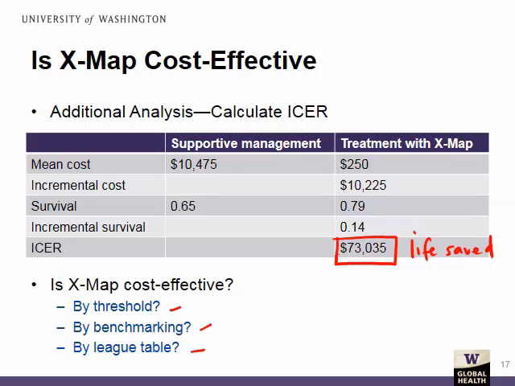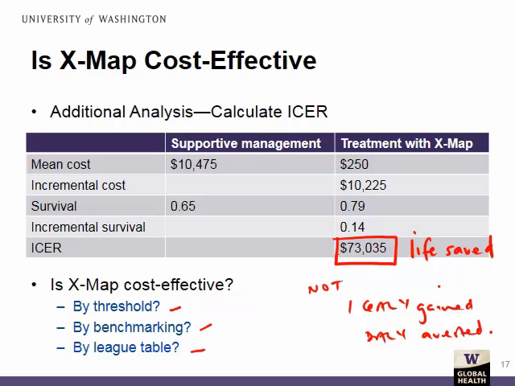If you have forgotten these, it wouldn't be a bad idea to review them. But the point I wanted to make is that this $73,000 is per life saved, and it's not per QALY gained or per DALY averted.